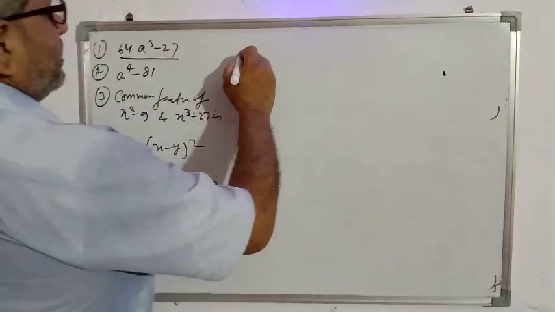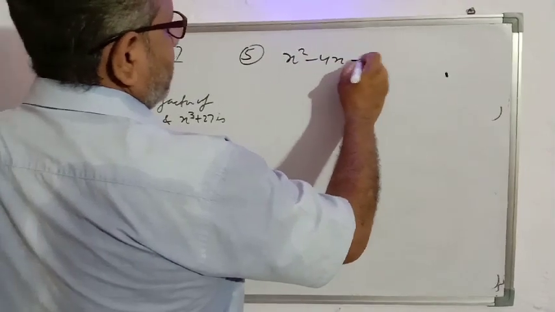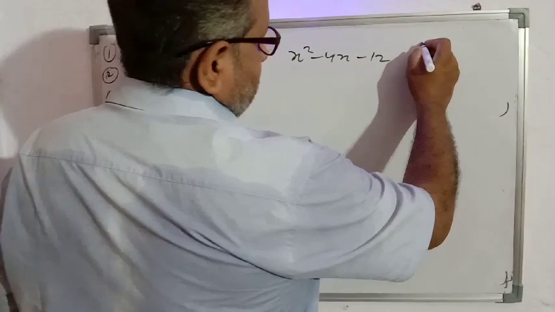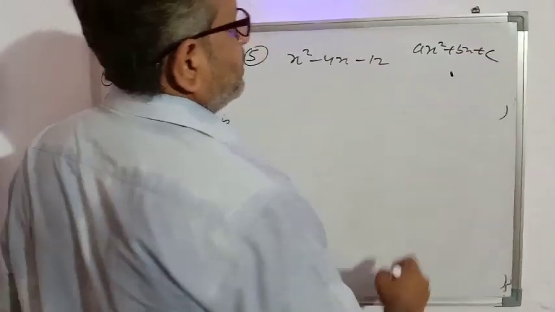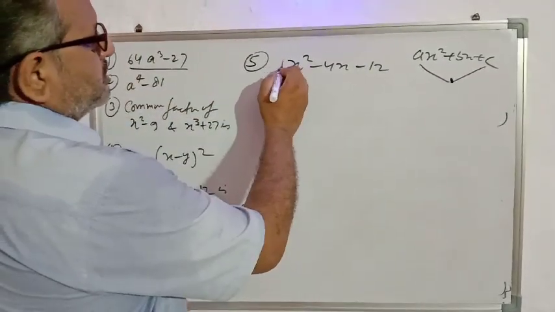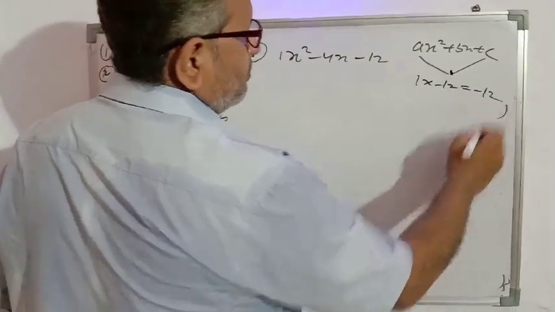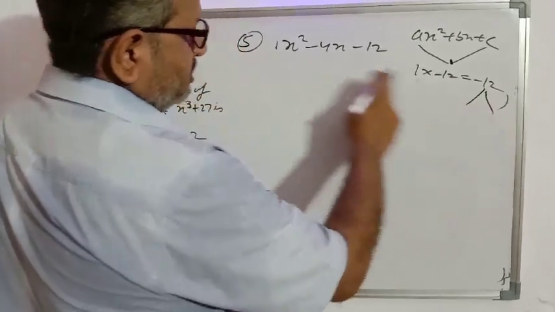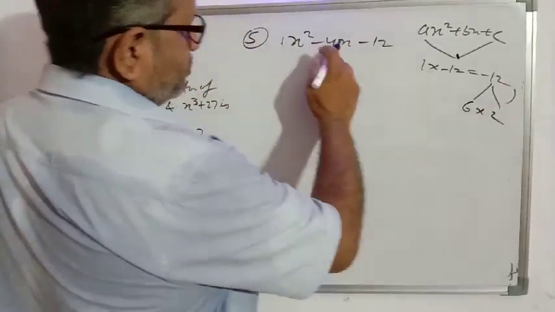So see question number 5. x square minus 4x minus 12. How can we factorize? By splitting the middle term. Ax square plus bx plus c type. So we will multiply a and c. What is the coefficient of x square? 1. Here minus 12. 1 into minus 12 is minus 12. The product is negative, so we will take 2 factors whose difference is the middle term 4. So 6 into 2 is 12, 6 minus 2 is 4.